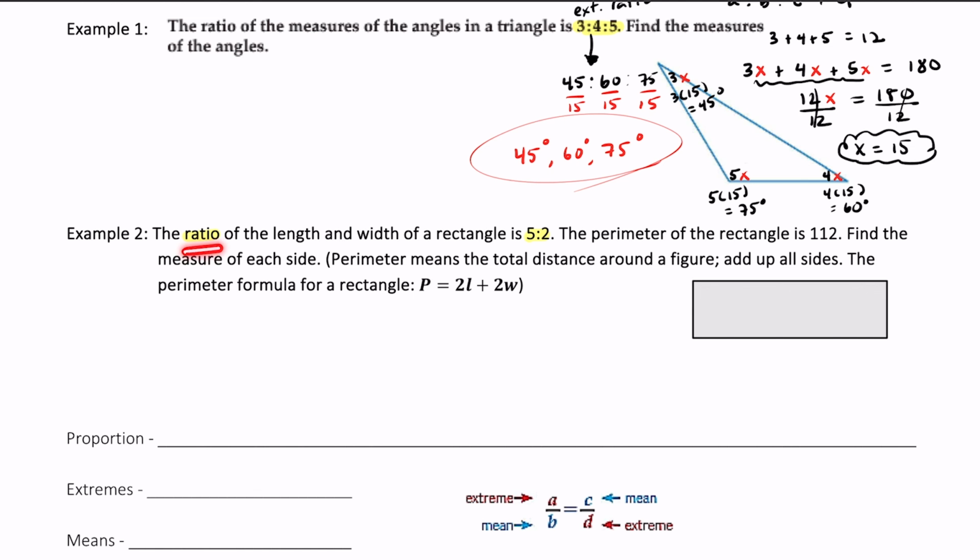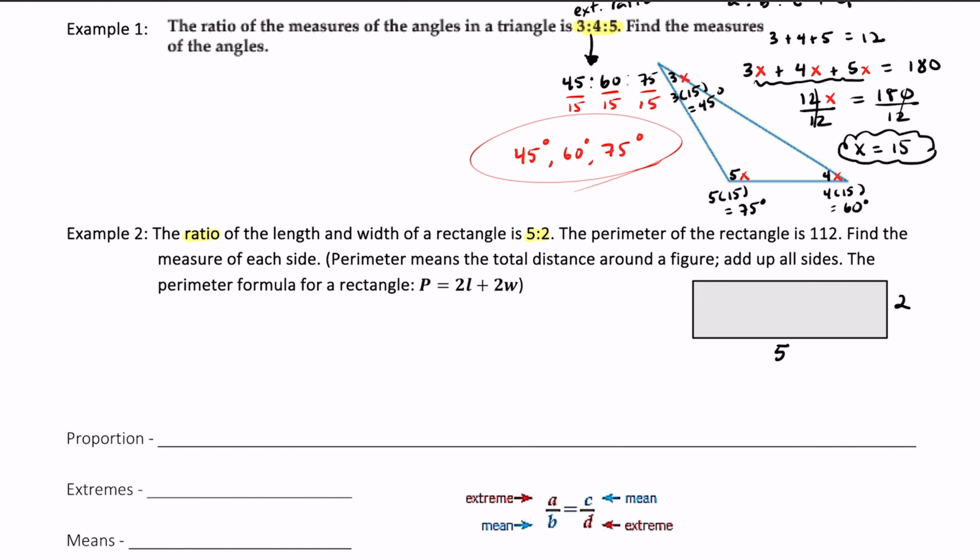Remember, our ratio is 5 to 2. So this is our length, and this is our width, and we're dealing with a ratio. So again, this is the length, this is the width. I'm going to write 5 here, 2 there. Okay? But just like example number 1, we don't just put 5 and 2.